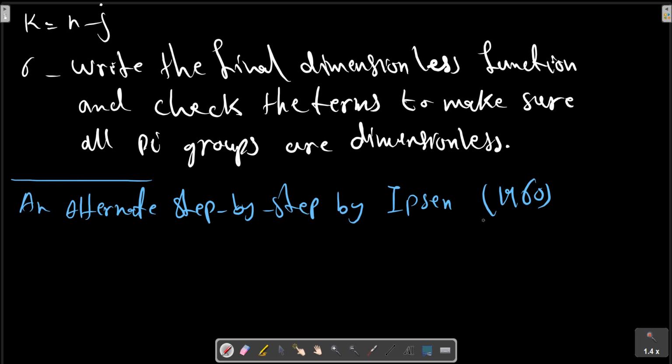Select the repeating variables and one more and you get a pi group. The writer likes it. This method is straightforward and systematically reveals all the desired pi groups.